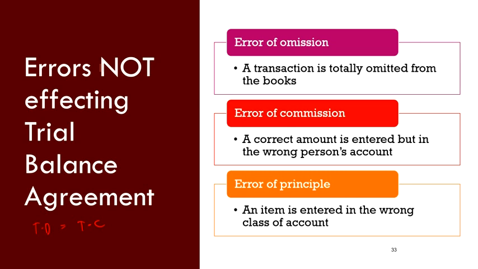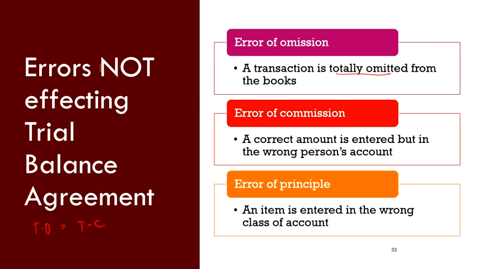The transaction is totally omitted from the books. It means you totally did not record that transaction. That is why error of omission will not affect your trial balance, because you did not record both debit and credit sides, so your debit and credit are still the same.